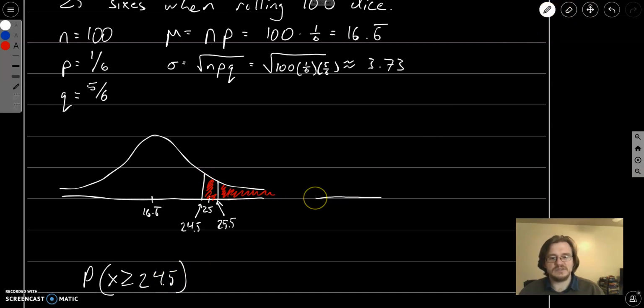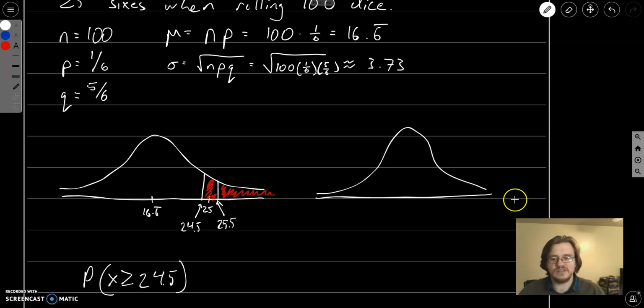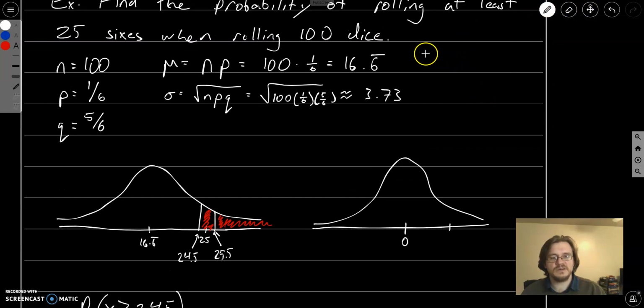So the next order of business will be to standardize everything, to make everything the standard normal distribution, where the mean is 0. So I need to find the z-score for 24.5. For the z-score, we take the number itself, we subtract our mean. When I input this into the calculator, I'm going to leave everything as fractions so that this is more precise and I'm not rounding and then rounding again and again.